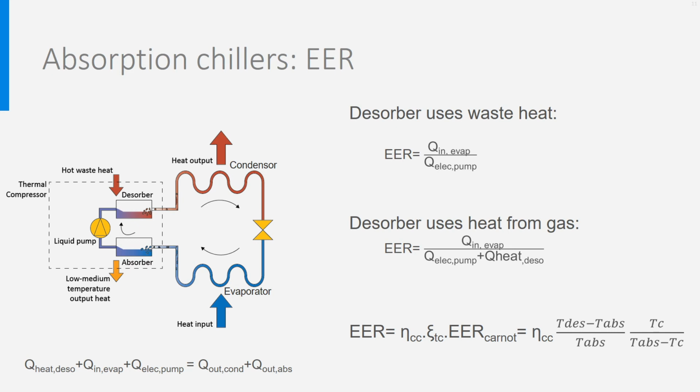As for the Carnot efficiency of absorption chillers, it is defined by the high condenser temperature divided by the temperature difference between condenser and absorber. In general, the efficiency of absorption chillers is much lower than that of compression chillers, except if waste heat can be used to drive the thermal compressor.